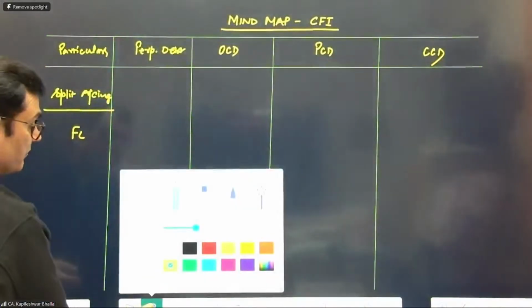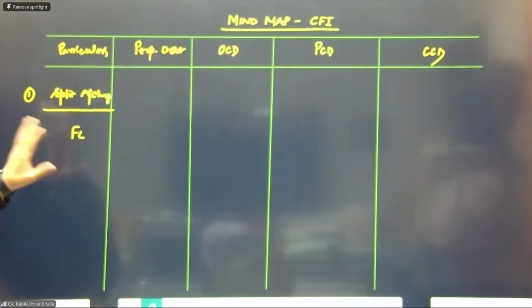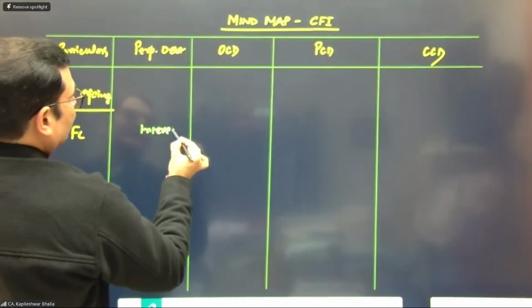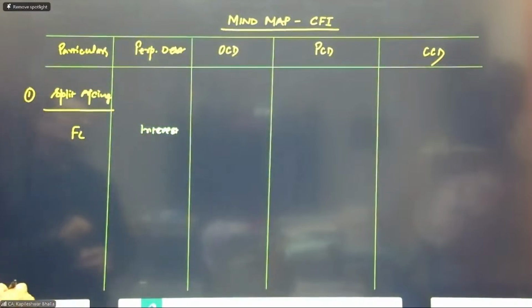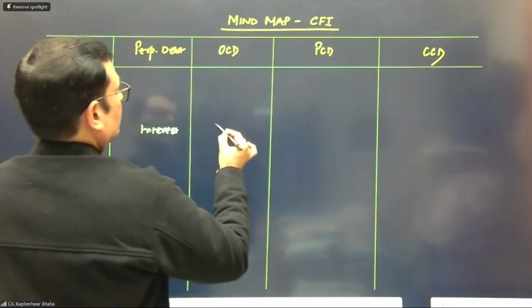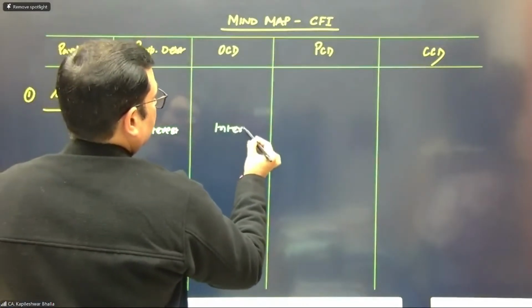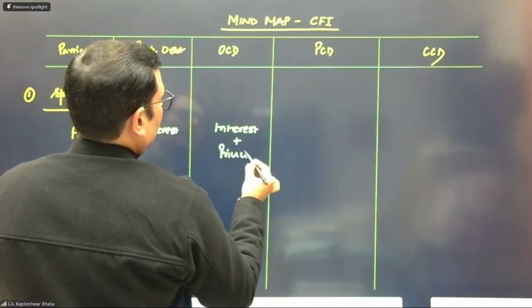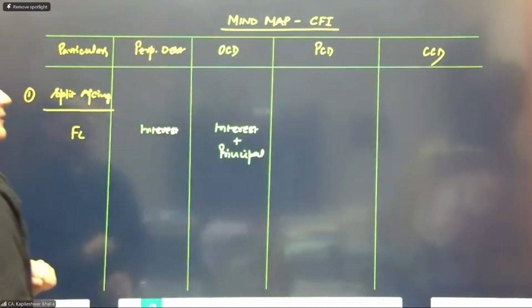Can I say in terms of the perpetual debt instruments, the FL includes only the interest element, correct? Yes, sir. In terms of optionally convertible debentures, we are going to consider both of them, correct? We took the interest element as well, and we took the principal because there is unavoidable obligation to pay.